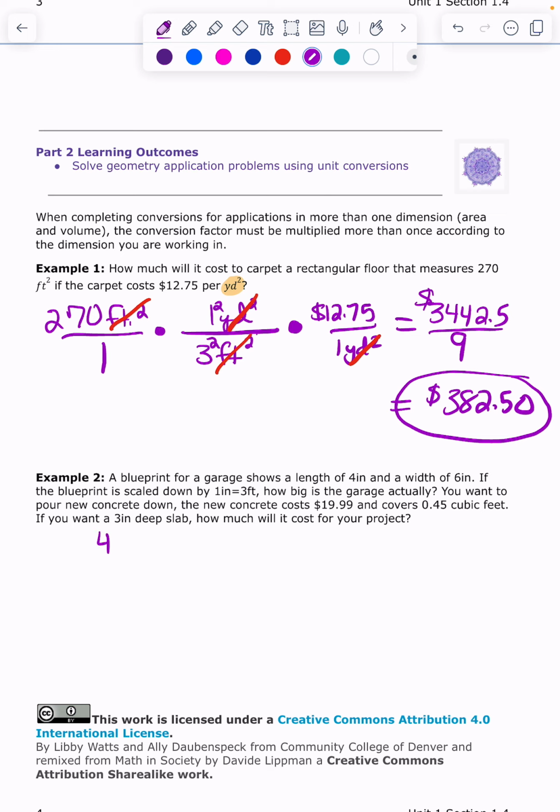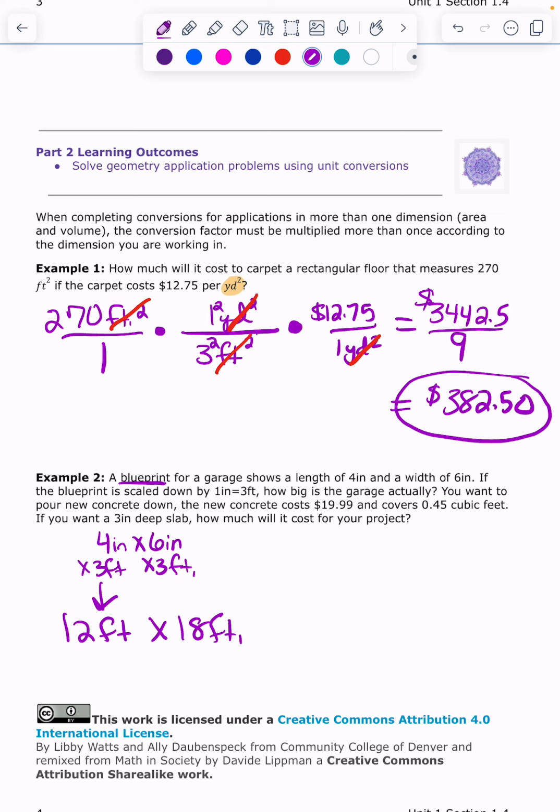So it's a 4 inch by 6 inch, and that's the blueprint. So the actual garage would be multiplying each one of these by 3. So 1 inch equals 3 feet. So the length dimension would actually be 12 feet. And the width dimension would be 6 times 3, which is 18 feet.